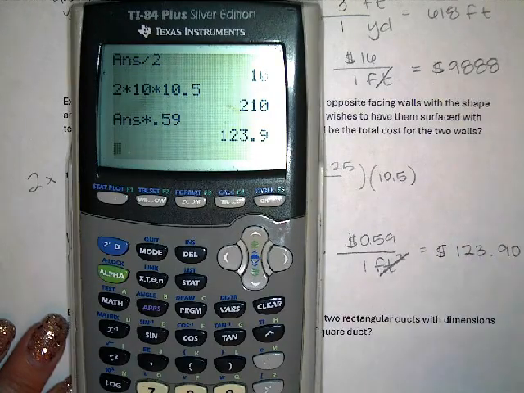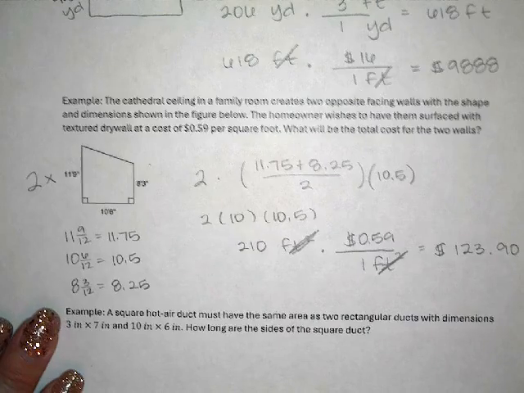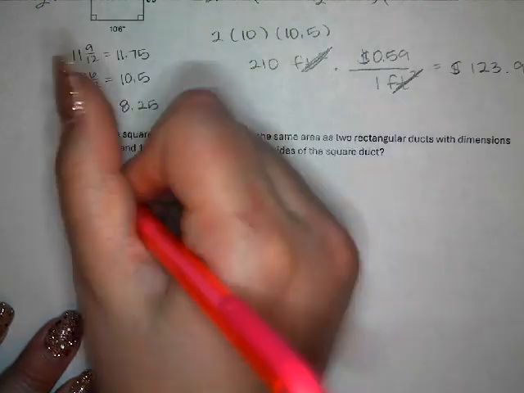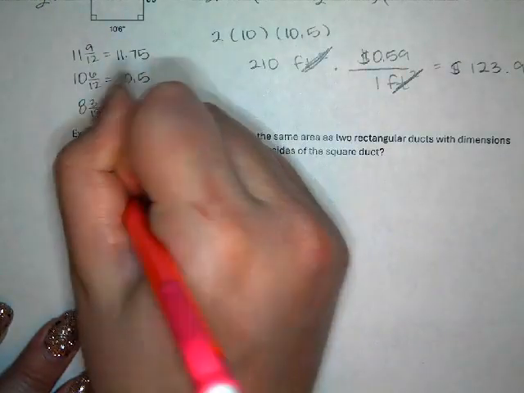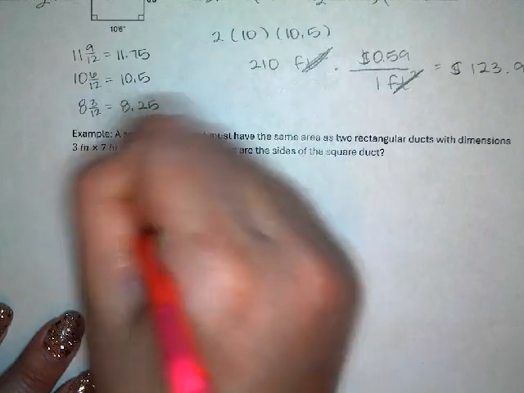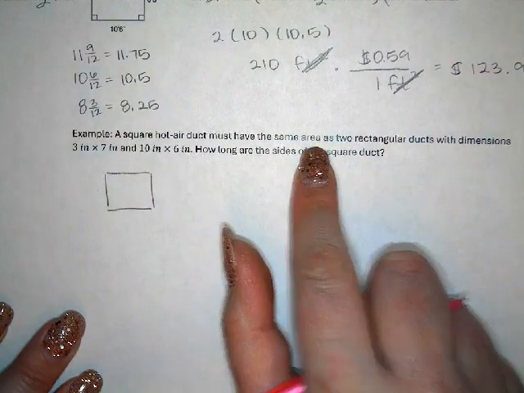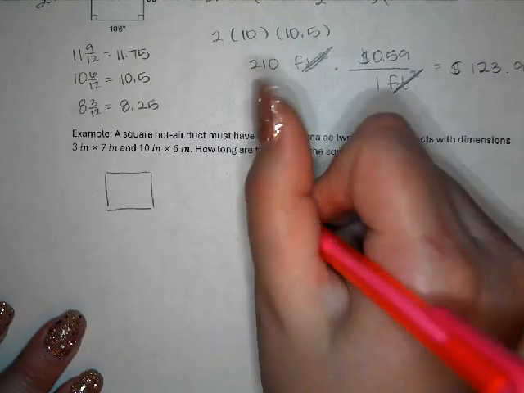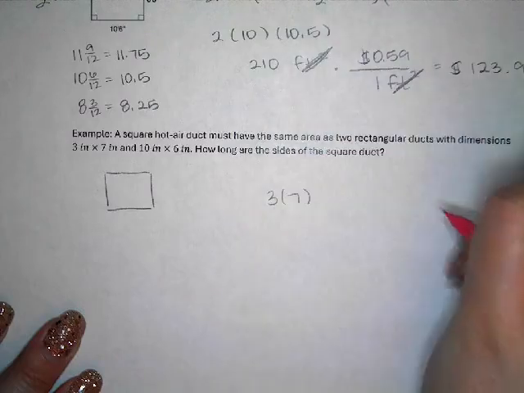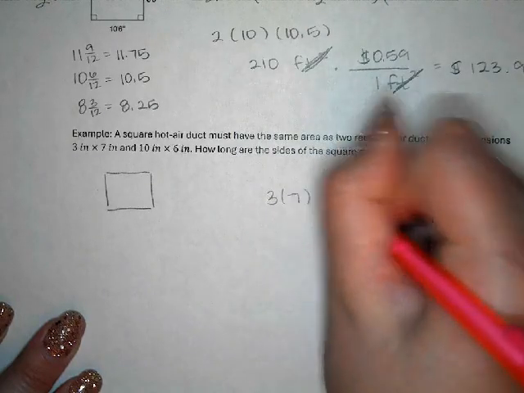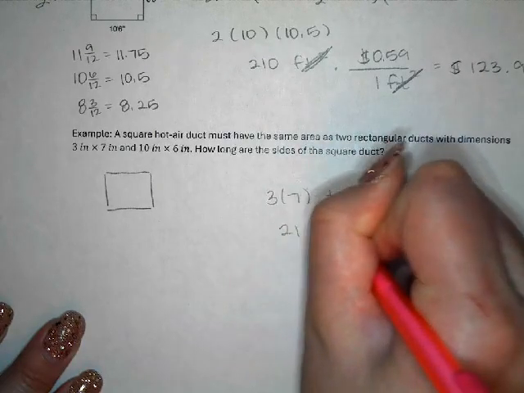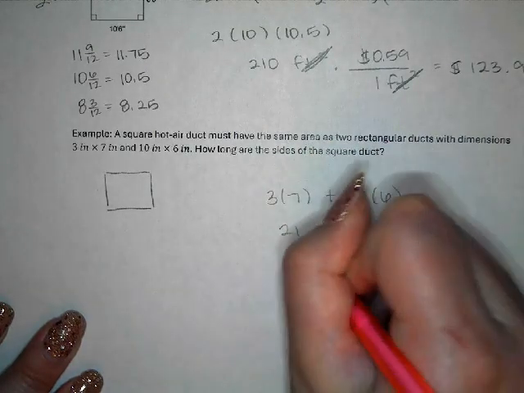Okay. Last problem. A square hot air duct must have the same area as 2 rectangular ducts with dimensions 3 by 7 and 10 by 6. So this must have the same dimensions as these. What are the side lengths of the square duct?